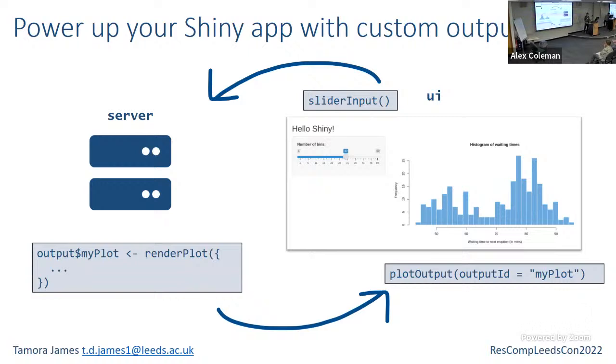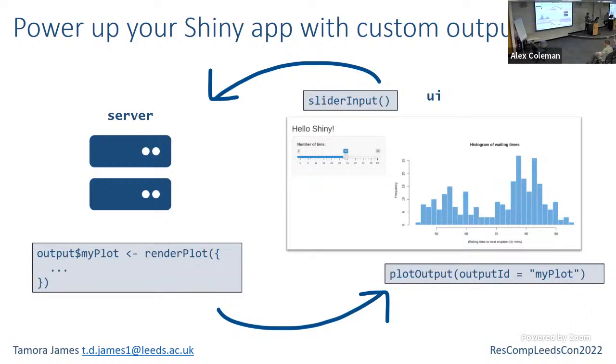So the standard structure for a Shiny app is that it has a UI component, and that takes care of all the front end stuff and allows you to add inputs that your users can use to interact with the data and define the outputs. In this example, it's a histogram of results of eruption times, and you can modify the number of bins within the histogram.